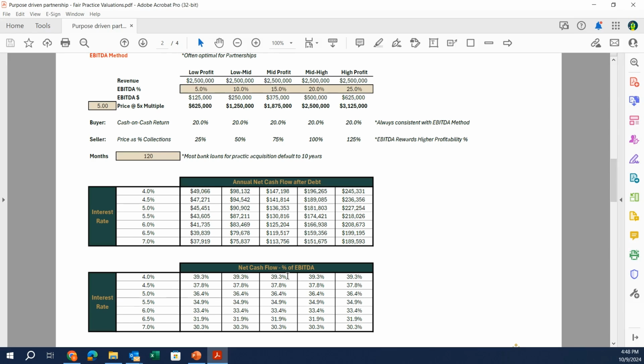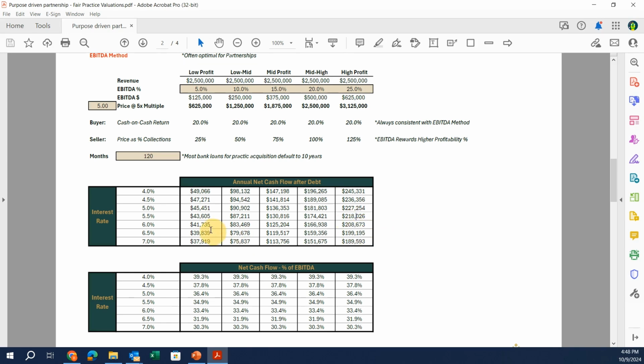As many owners probably already know, the additional net cash flow when you're paying substantial debt is not necessarily life-changing, depending on the size of the practice and depending on your associate income.